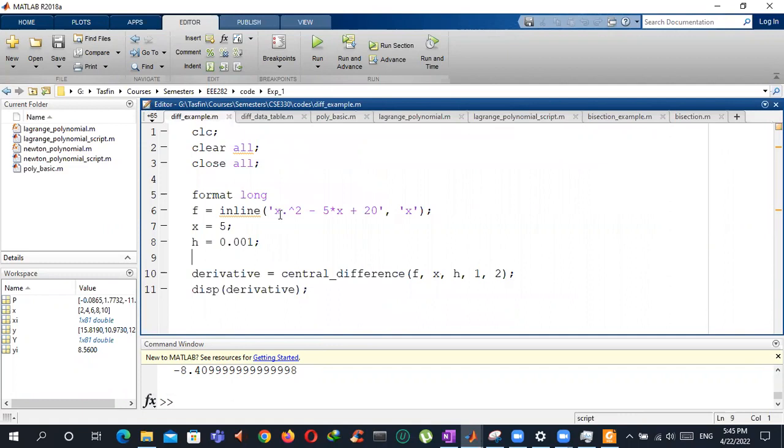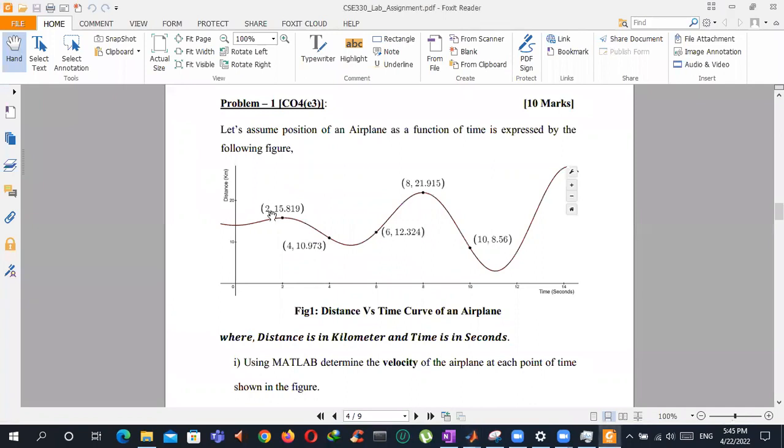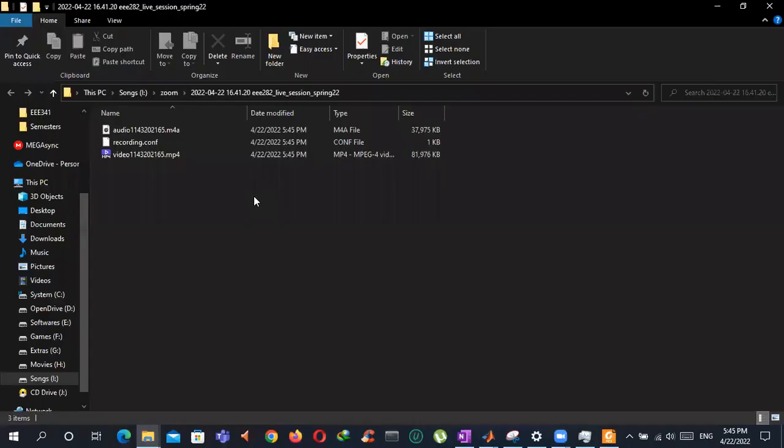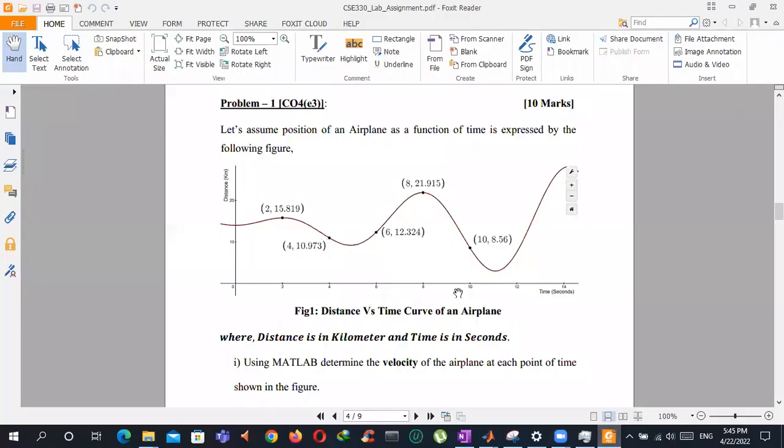So let's assume you want to find the velocity for x equals 2. Our first task is to find the velocity for x equals 2. Is my screen visible? I guess yes. So after fitting the graph, let's assume you want to find the velocity for t equals 2.